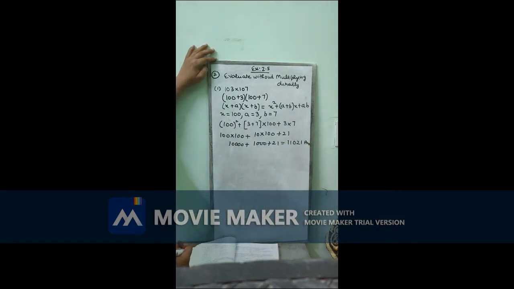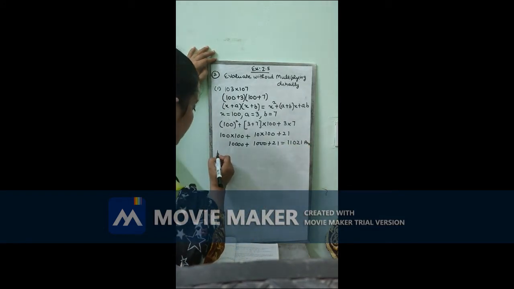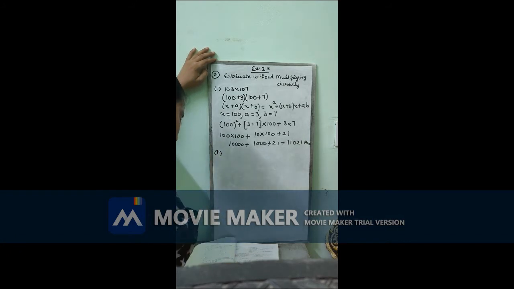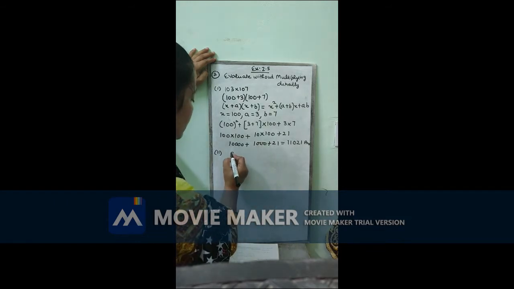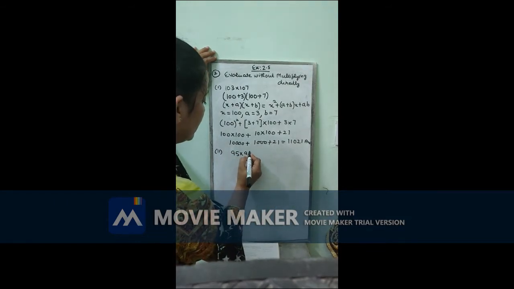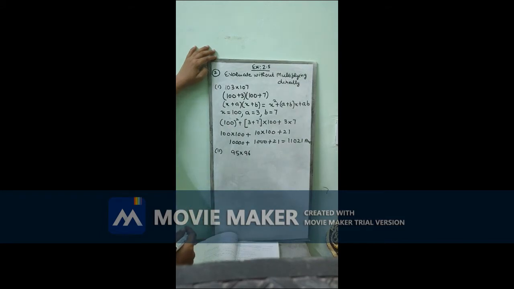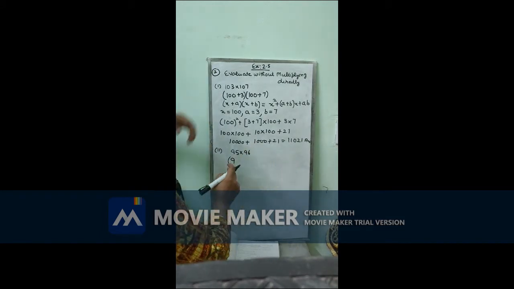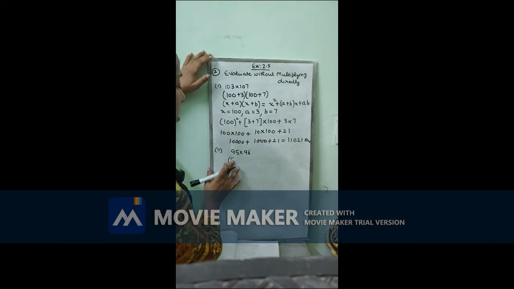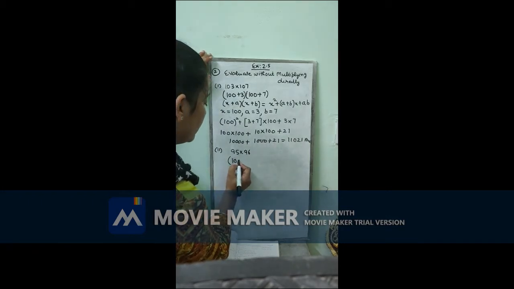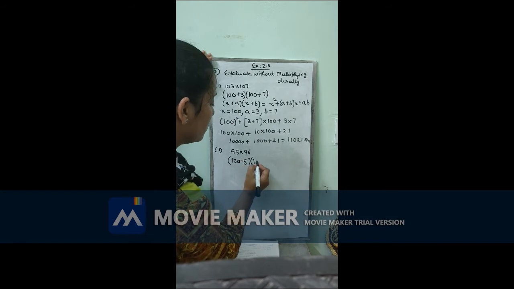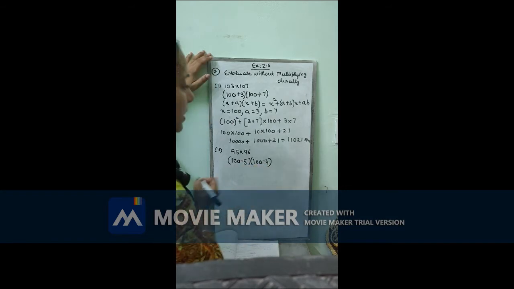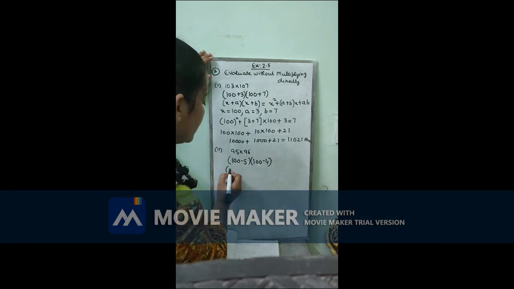We will use identity. Now in second part, your sum is 95 into 96. See, 95 will be broken down into 90. You can break this by 100 or by 90. (100 minus 5) into (100 minus 4). Clear? Now this is again the same identity.